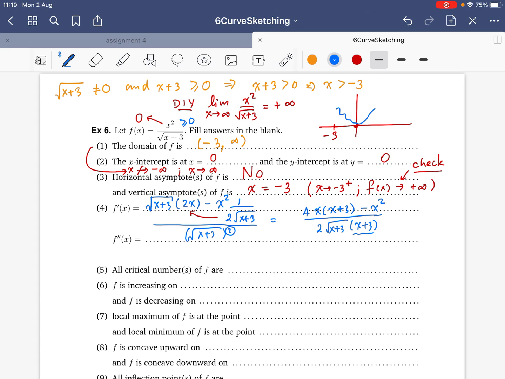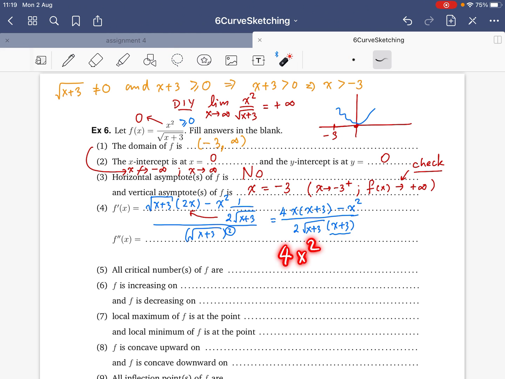Are we okay? So here, let me move it a little bit closer. Over here we have 4x squared and 12x minus x squared, right? So you have 3x squared plus 12x.